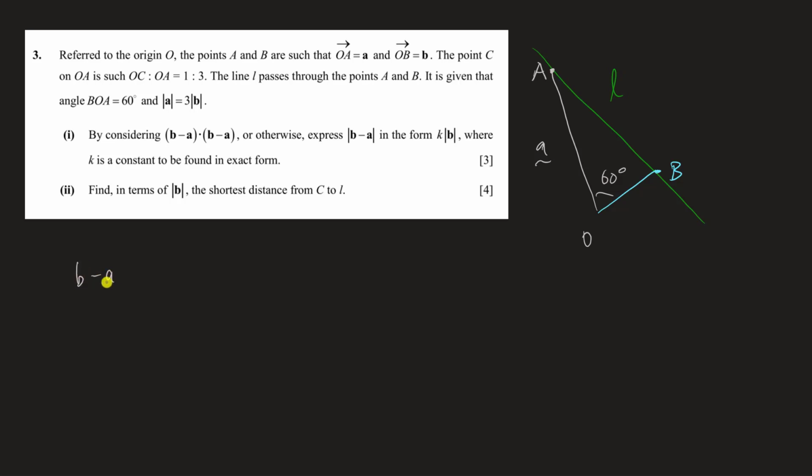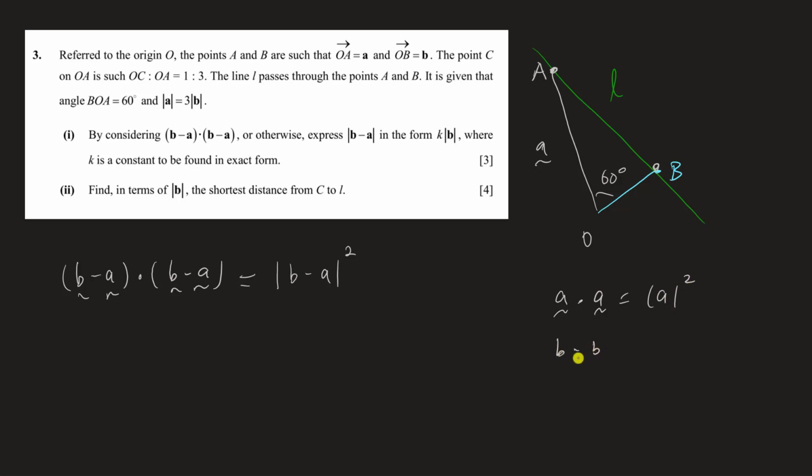So B minus A dot B minus A, you don't really have to refer to the graph at all, but do know that we are actually talking about this vector here. So this, according to dot product, will give you mod B minus A whole thing square, because A dot A is mod A square.